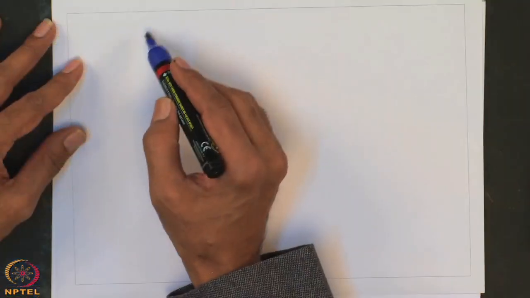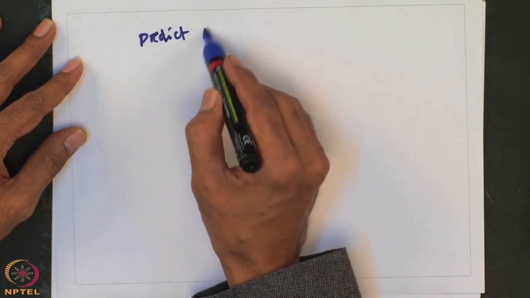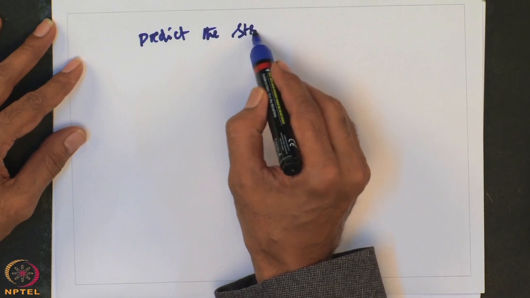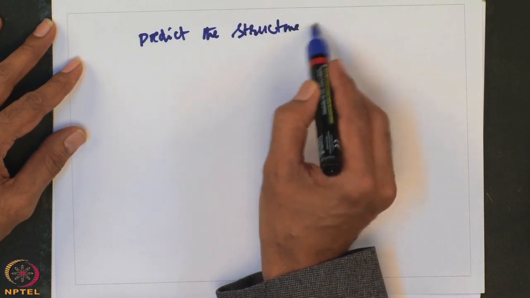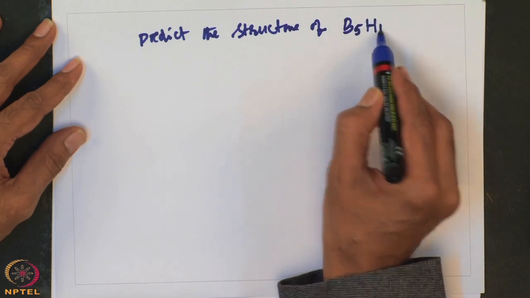Now, let us predict the structure of, let me look into a problem. Okay, if you learn chemistry through problems, chemistry is not a problem. So, predict the structure of B5H11.